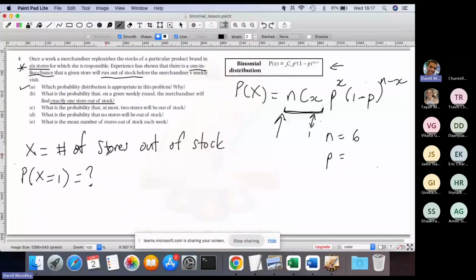We're trying to measure the number of stores out of stock, so there needs to be a probability that a store will be out of stock, and that's your p. If you read the question, it says experience has shown that there's a 1 in 5 chance that a store will be out of stock. So it's 1 in 5, or in other words, 20%. You can leave it as a fraction if you want. You can write it as a decimal or percentage.